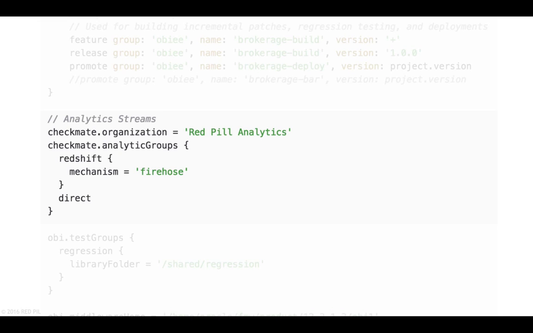So we're configuring that in a closure. We also have the direct analytics stream declared, and that's just a direct upload to AWS. We also support Google BigQuery via Google PubSub, and we also support Elasticsearch, and we support the Oracle database, of course.